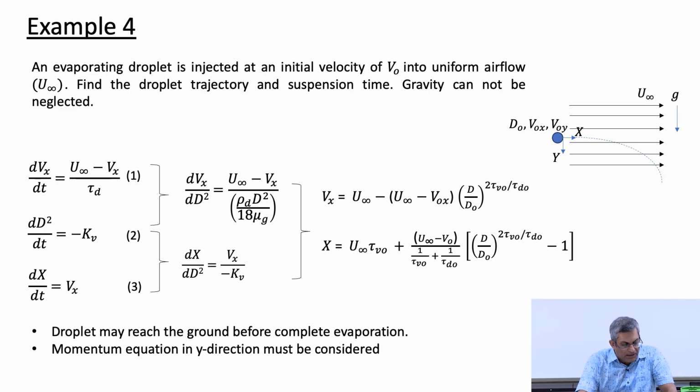On the other hand, if yf or the final distance is more than h, this means that the particle has fallen on the ground. Okay. So in that case, it will evaporate there itself, and that limits the axial distance that it can travel.